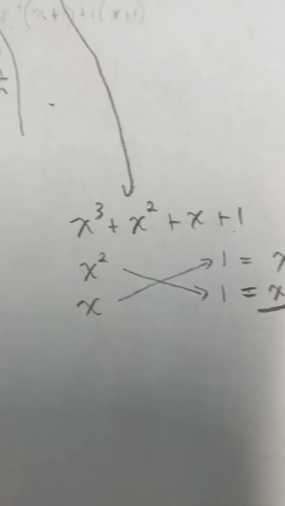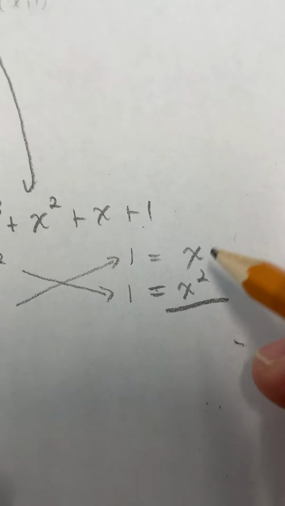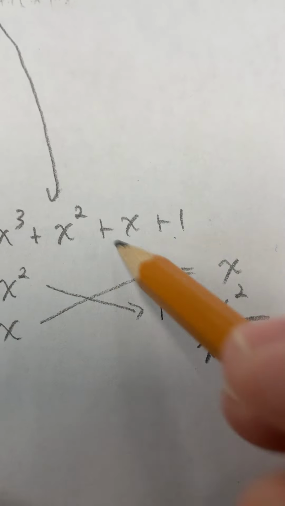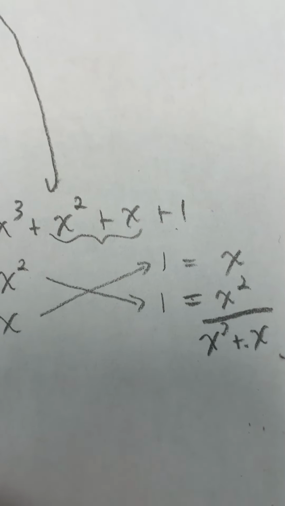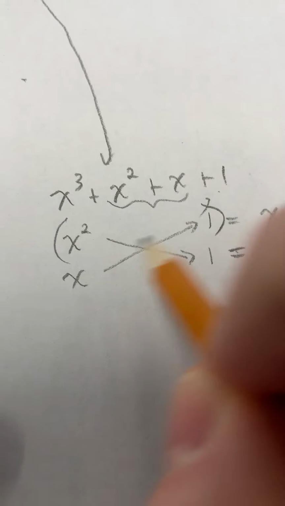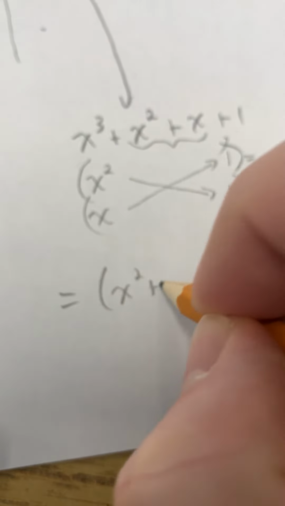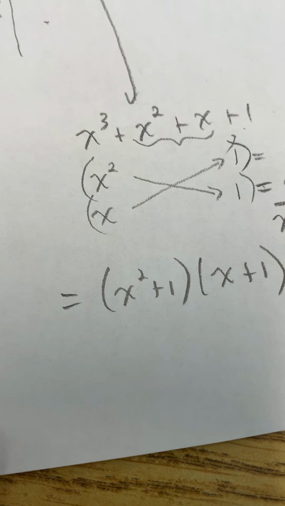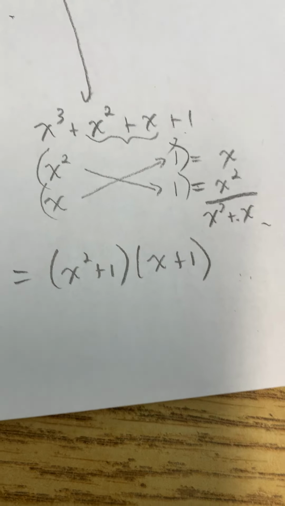If I add them together, they're not like terms, so you can't actually add them, but you get x squared plus x, which is the same as these two middle values. So you have your first bracket and second bracket. You get x squared plus 1 and x plus 1. And that's your final answer.